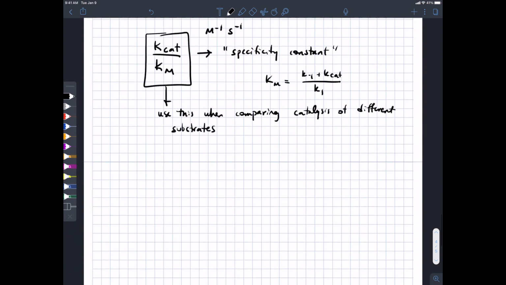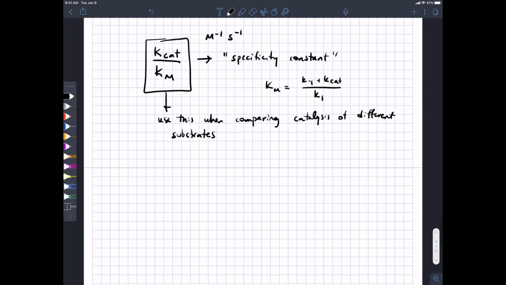And you can compare kcat over Km for various enzymes to get a sense for their overall efficiency. The fastest rate of catalysis by enzymes is called the diffusion limit.